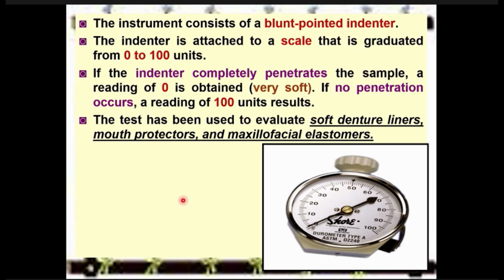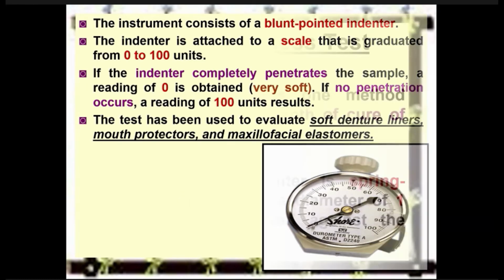We can use this method for soft liners, mouth protectors, and elastomeric materials like impression materials. Another advantage is it gives us an immediate reading of the hardness of elastic materials. Of course, we cannot use it for very hard or brittle materials, because it will not give us a correct reading.